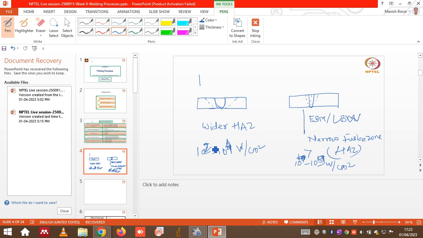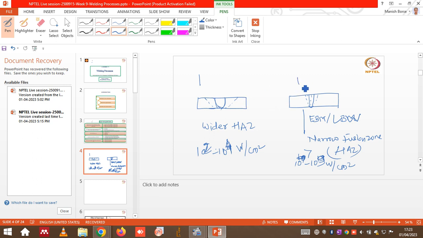And because of the narrow fusion zone when we use high power energy density sources, the heat affected zone is narrow, and the distortion problem is less.